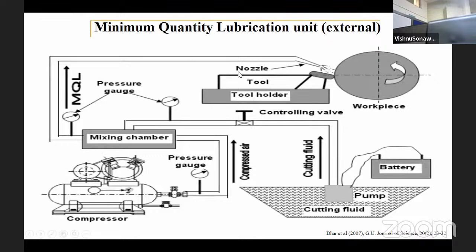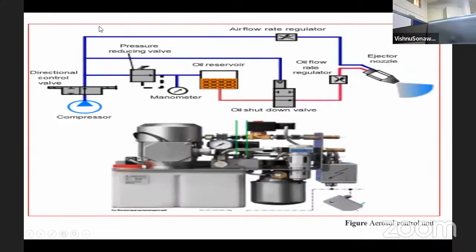This is the most important. I have taken this snapshot from a journal of science. Here is another snapshot. See, this is a compressor, this is a hydraulic power pack unit, and this is a pneumatic power unit, and here it is coupled with the minimum quantity lubrication.